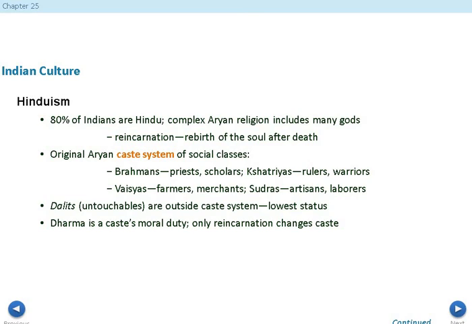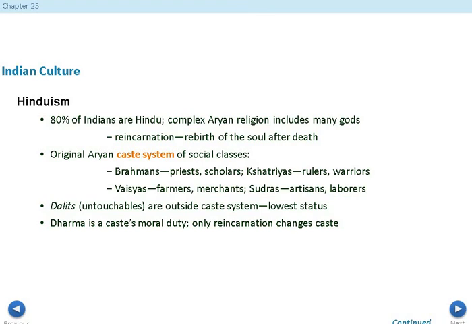Now, what's important about this is that they all believe in reincarnation, or rebirth of the soul after death. All of these people are in the caste system, but in the caste system you have to respect each other. For example, if a priest or a scholar is really bad, or does something horribly bad to one of the untouchables, then when they're reincarnated, they might be reincarnated as an untouchable.